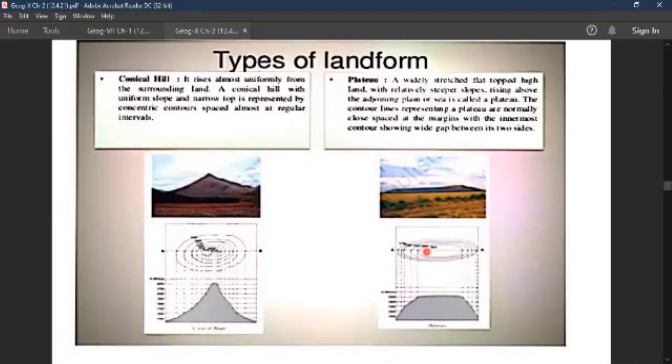So the center is without any contour lines, whereas the edges have contour lines, and it is basically of an oval shape. Where a conical hill is concentric circles, plateaus are shown by oval shaped contour lines.